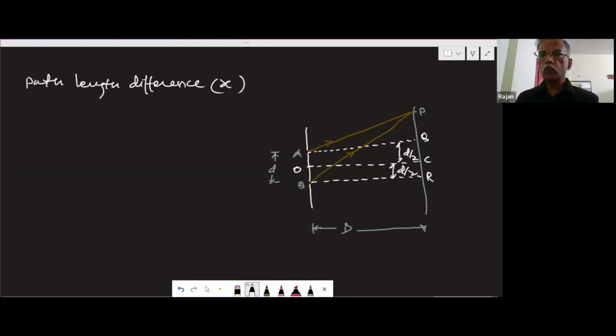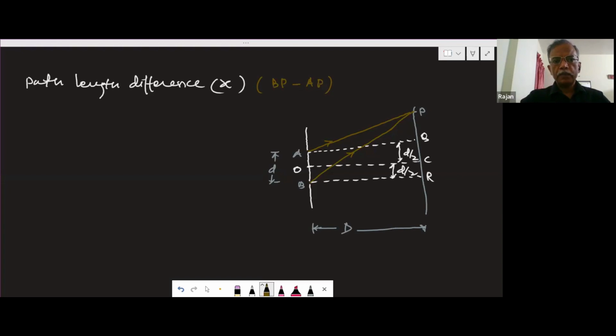Now, if you talk about these two rays arriving at P, how much path length difference do you anticipate? Yeah, this is BP, the bigger one, minus AP, isn't it? So our focus should be how to find BP minus AP. For that, we have two right angle triangles, so we can use the properties of right angle triangle.